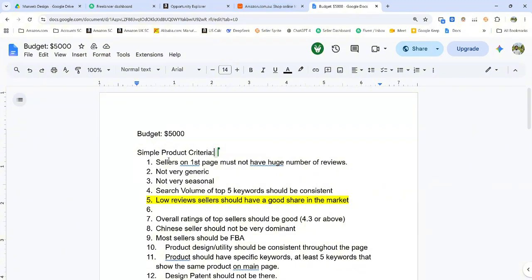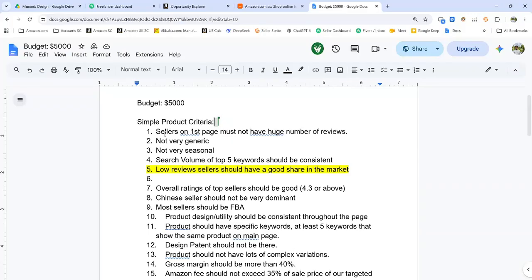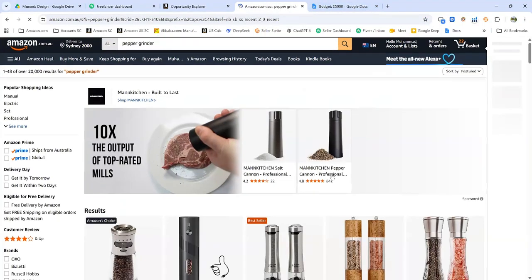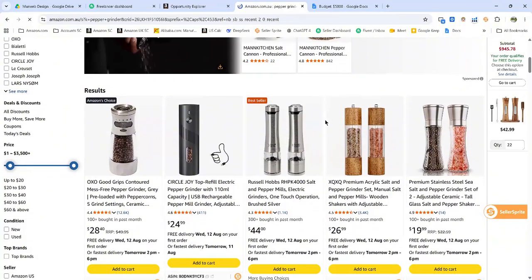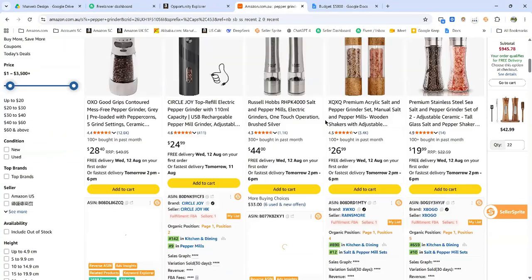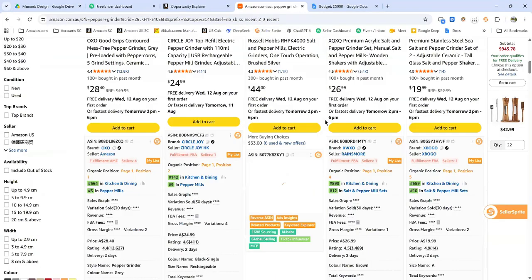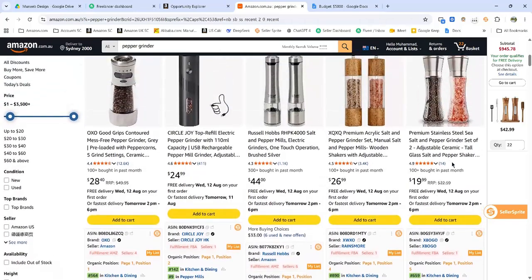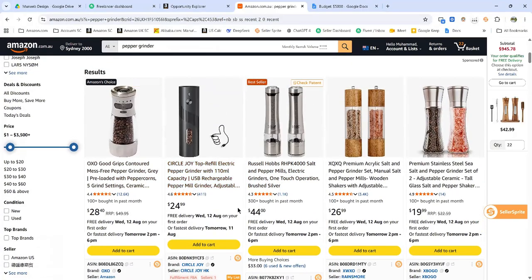So, number one, what we look for is that sellers on the first page must not have a huge number of reviews. We already discussed that in Amazon Australia, sellers with high reviews mean they are from global markets, and it's usually not hard, but they have an unjust advantage over us.